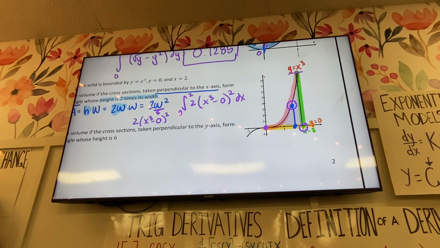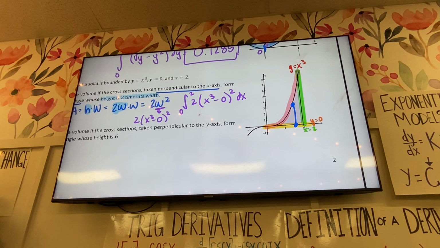So that's why the green matters, because that's where I'm stopping my border. And so the only thing that matters in the area equation is top minus bottom, which is why I like drawing this line right here, because then I'm just looking at the line and I'm like, what's hitting the top, what's hitting the bottom. Okay. Then yeah, we're good. And then you type that in, or you work it out by hand. We don't have space to work it out here, so I'm just going to tell you it is 36.571.